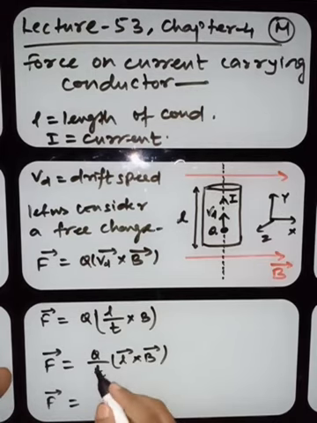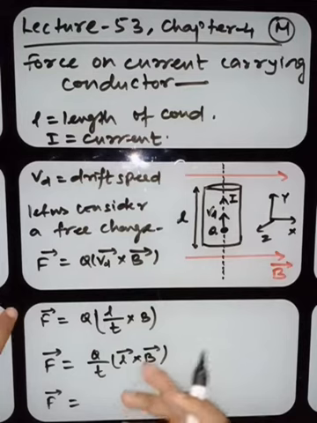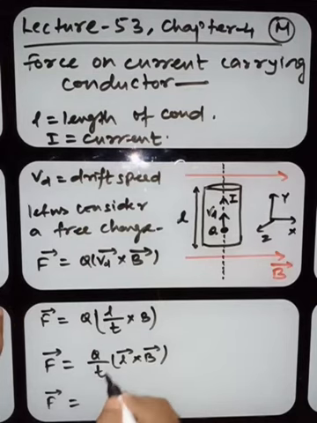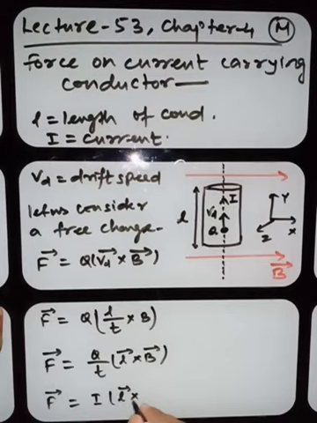Q by t is the total charge; if we sum up the charge, this will give you the current, I L cross B.